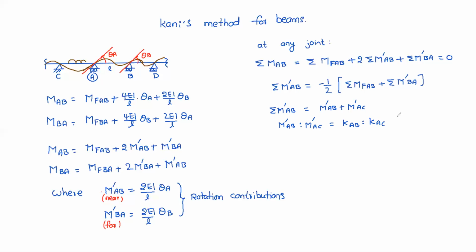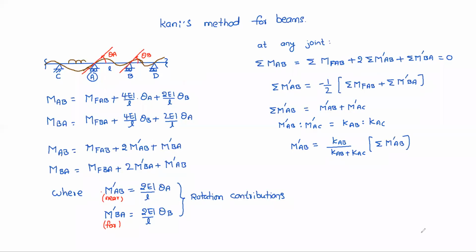The near end rotation contributions will be in the ratio of their rotation stiffnesses only. Okay. That means if you know the ratio, then M dash AB can be determined like this: KAB divided by KAB plus KAC into sigma of M dash AB.